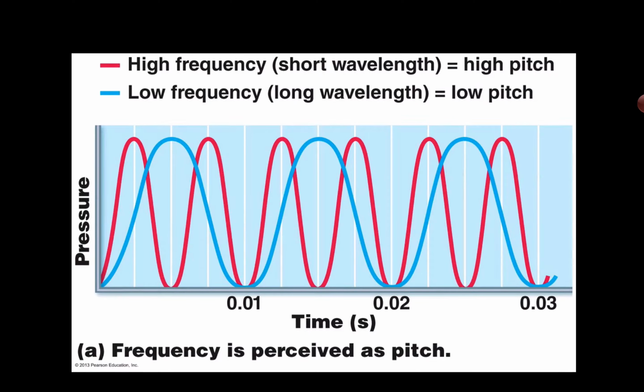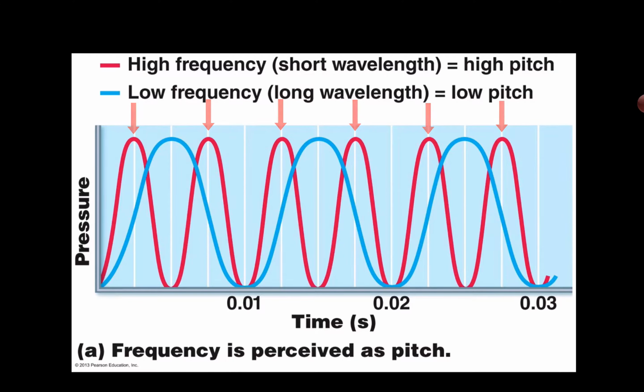Now, when we look at frequency, that's a completely different phenomenon here. When we talk about the pitch of a sound, high pitch, low pitch, that has to do with wave frequency. And so in red here, it shows a high frequency. This would be a high pitch sound. And the thing to note there is that the peaks between the waves are very close to one another, so they're short. Here we're looking side to side.